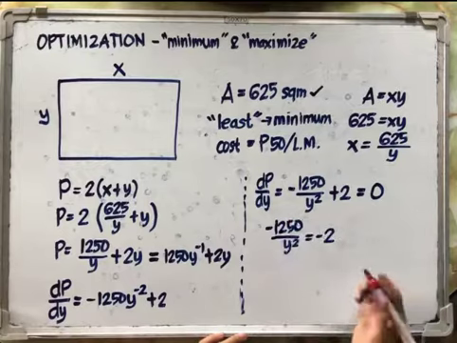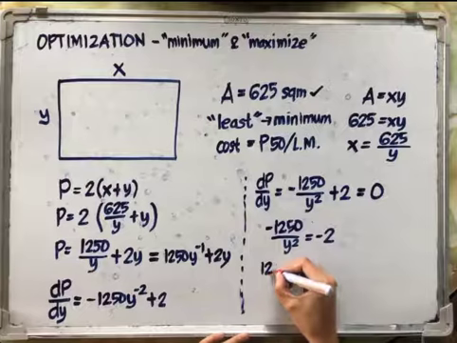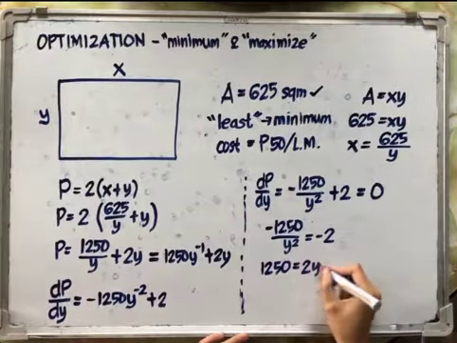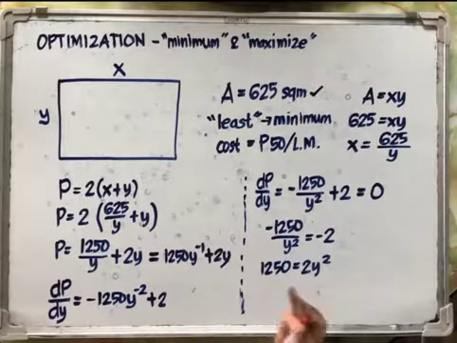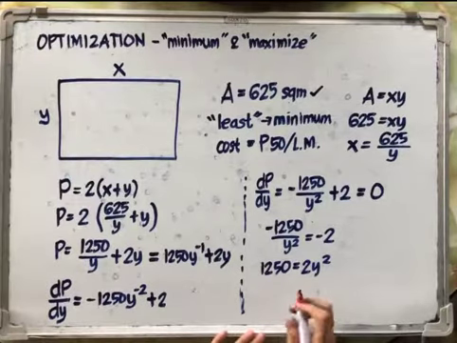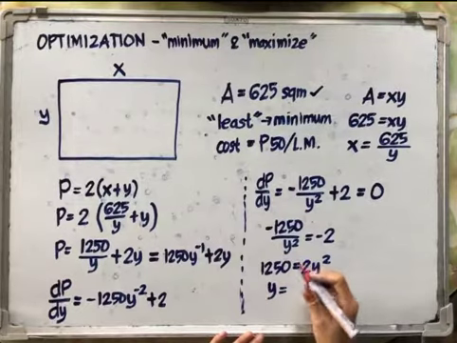Tinranspose ko lang siya. And cross-multiplying this and removing the negative sign, 1250 over 2y squared. Divide mo si 1250 by 2 and take the square root of that. Bibigyan niya tayo ng y value which is equal to 25 meters.